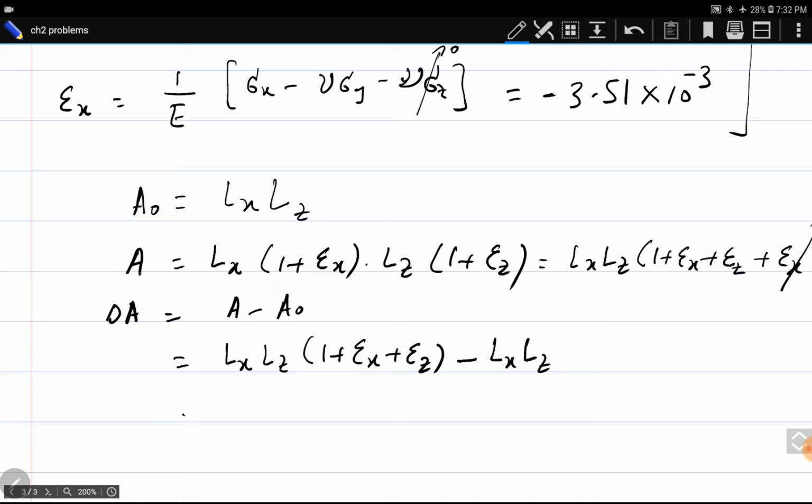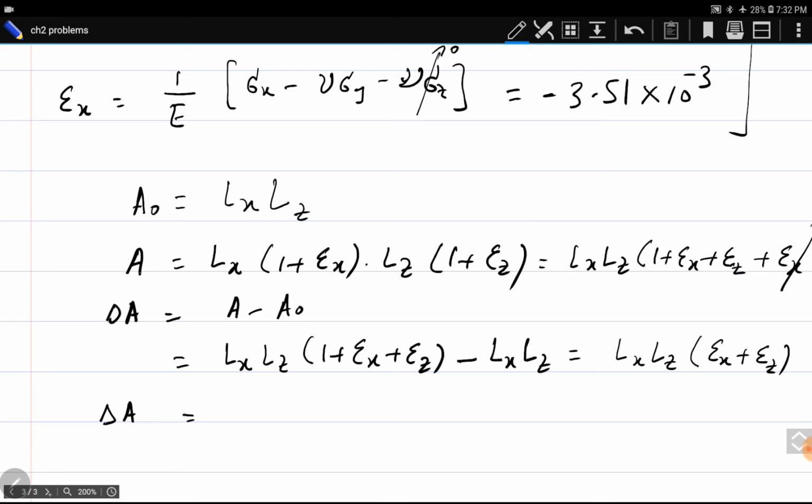So this simplifies, it will be almost equal to Lx Lz into epsilon x plus epsilon z.